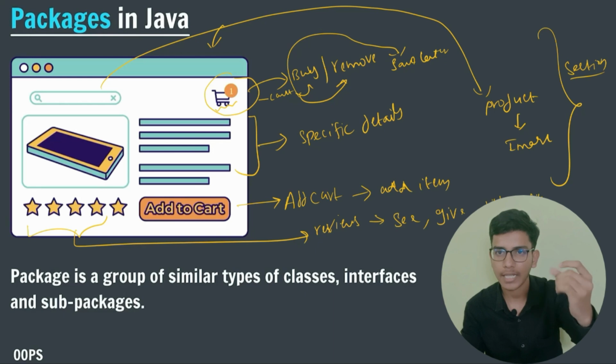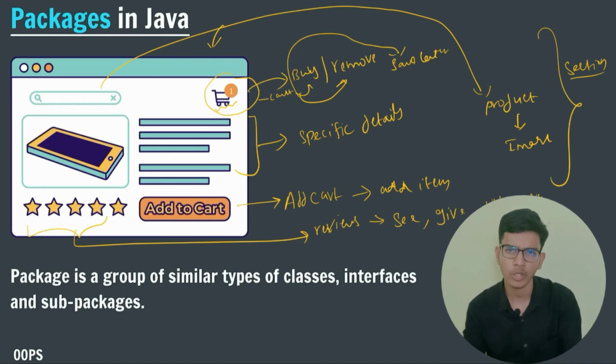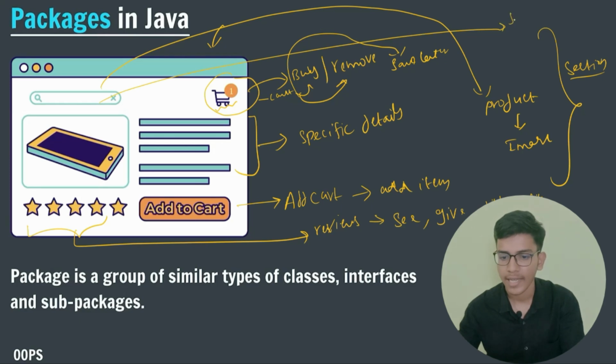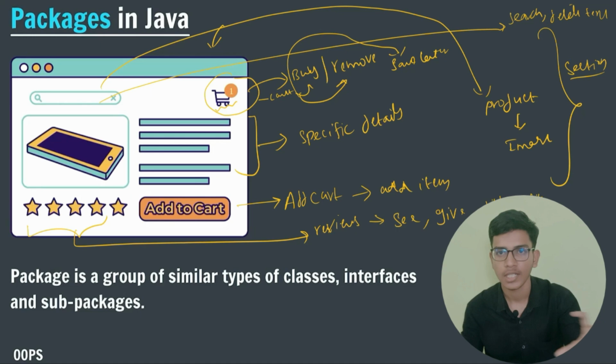At the cart I can buy items, remove an item if I don't want it, or save it for later if I want to buy it sometime soon. And there is a search bar, where I can search items, delete text and all those things. So each section has its own unique quality.